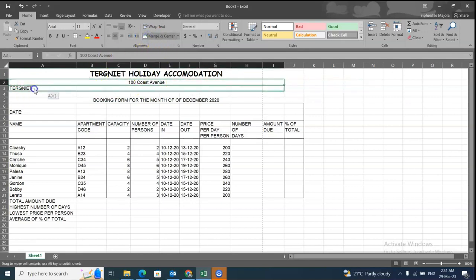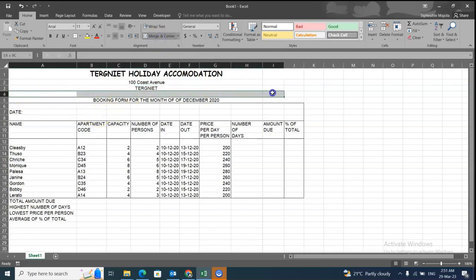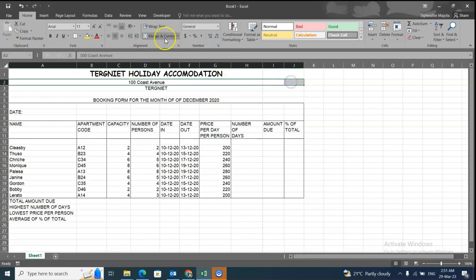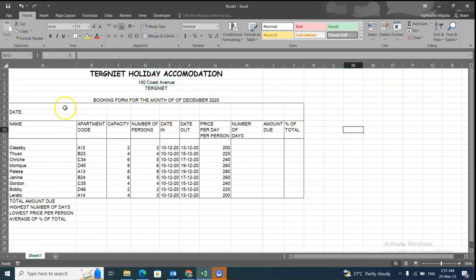Merge and center, cancel, that's not what I want. Merge and center, A to J. What am I doing? A up to J, merge and center. It's okay to make mistakes, as long as you'll be able to correct them and still afford yourself a good mark. And I think I've done all of them.